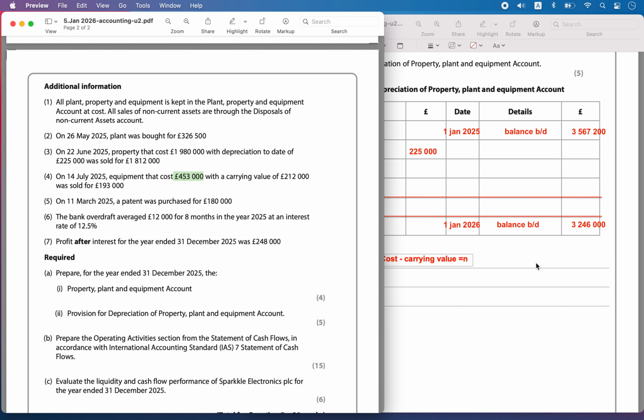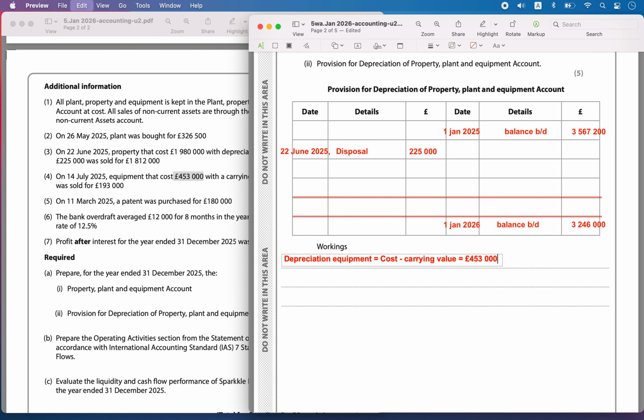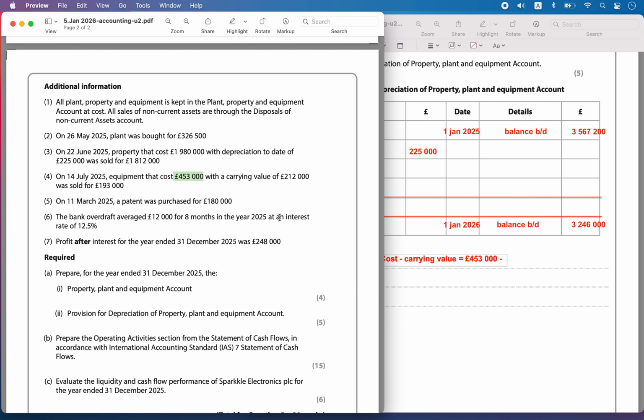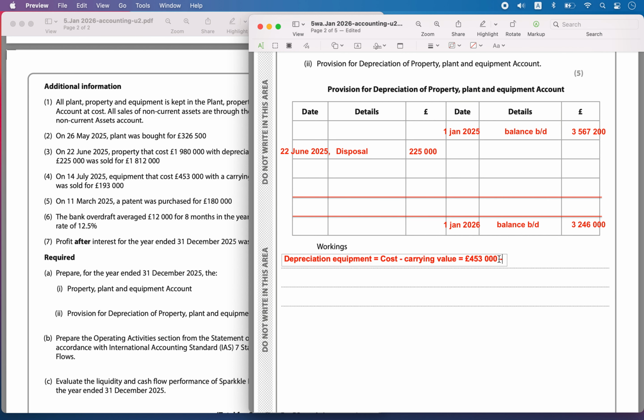So it is 453,000 minus the carrying value of 212,000, which is equal to 241,000.